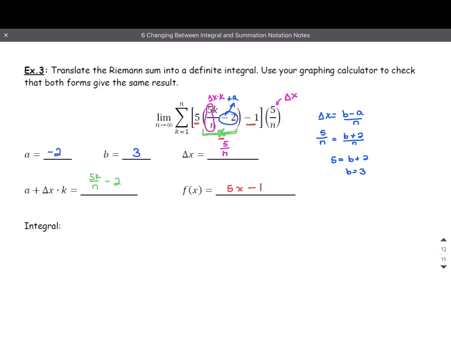So now we're ready to write our definite integral. So it's the integral from a to b. So the integral from negative 2 to 3 of our function, 5x minus 1, times dx, right? That delta x becomes the dx. Now we're going to go to our calculator and make sure they both give us the same value.